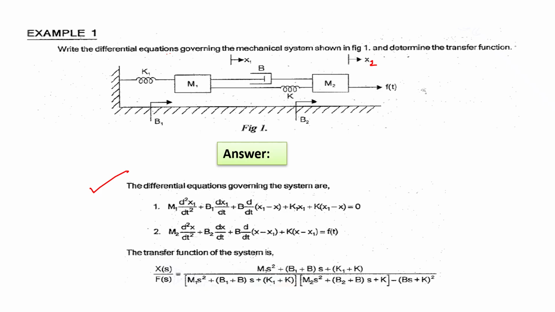In this system, the force is applied to m2. So the actual transfer function will be in terms of the displacement x2. So X2 of s by F of s is the transfer function we are supposed to derive.